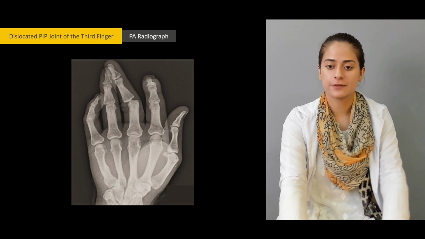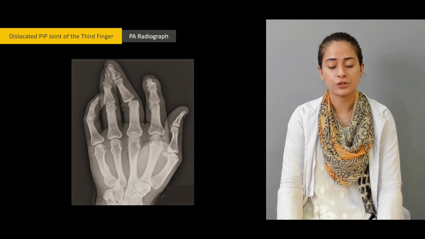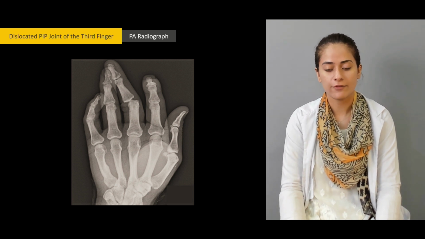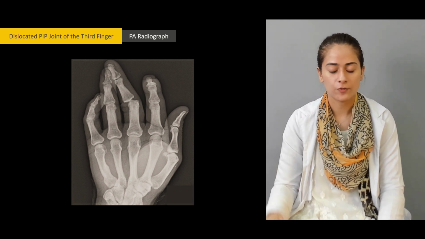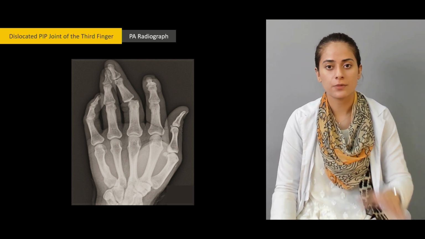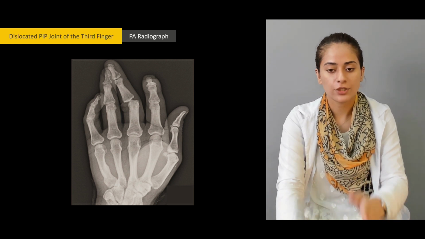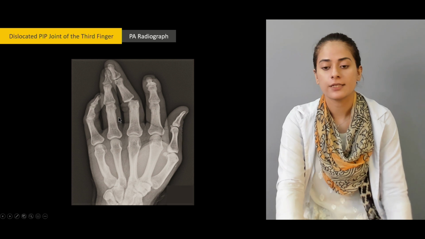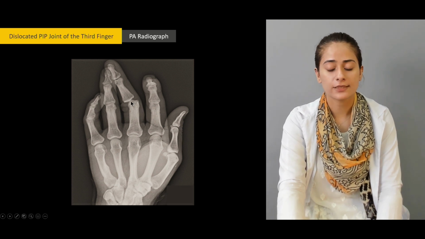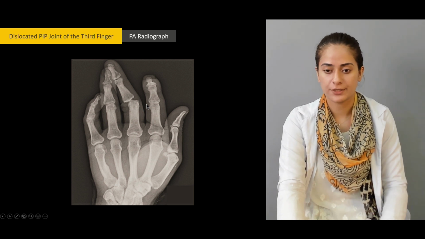That is how dislocation of the proximal interphalangeal joint will appear on a radiograph, and that is how you name it. If it's towards the medial or the little finger, we call it medial. If it's towards the thumb, we call it lateral dislocation. So it's a medial dislocation here of the third finger, involving the proximal interphalangeal joint.